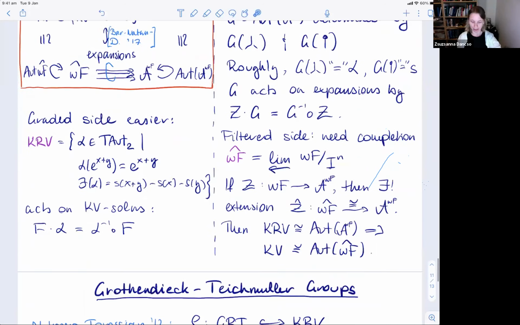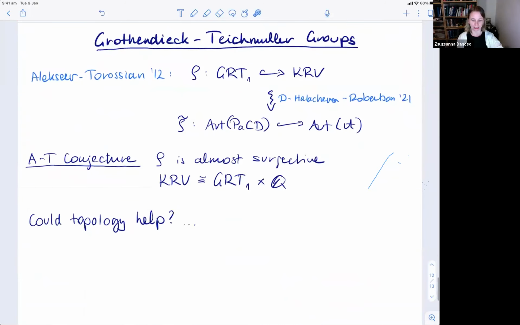And interestingly, there is a conjecture, an open problem by Alekseev-Enriquez-Torossian. There's an embedding of the graded Grothendieck-Teichmuller group into the group KRV, which by our work translates to an embedding of the automorphism group of parenthesized chord diagrams to the automorphism group of arrow diagrams. And there's a conjecture by Alekseev-Torossian that this map is not only injective, but almost surjective.